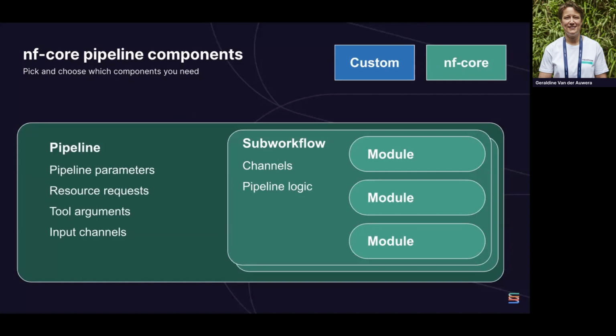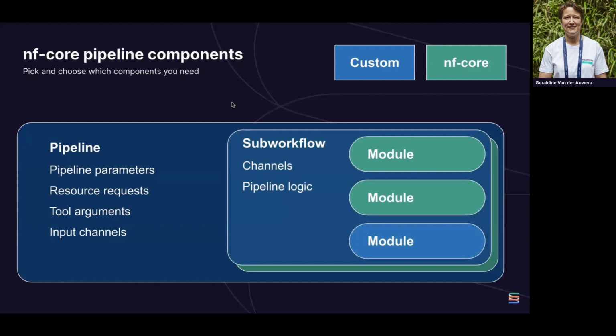But you can also choose to use the same core logic, same workflow code, same modules, but customize how that gets wrapped into an end-to-end pipeline with maybe different parameters, input channels, and so on. You also have the flexibility to go further and to change the internal plumbing within the pipeline.